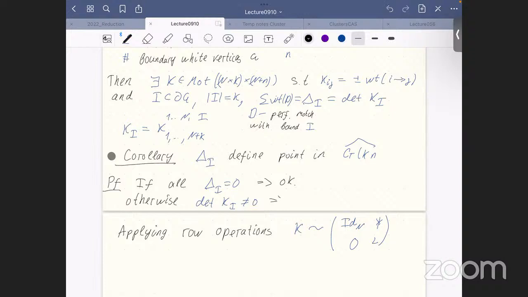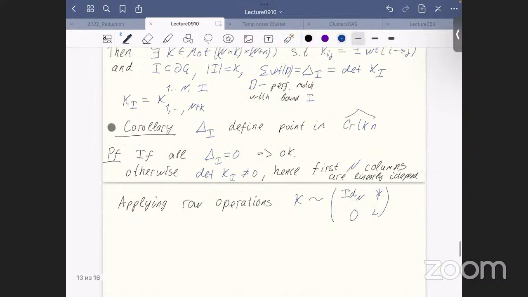Hence, first n columns are linearly independent. Hence, we can apply row operations. We can make them in this way.